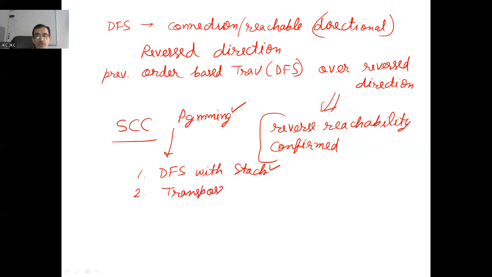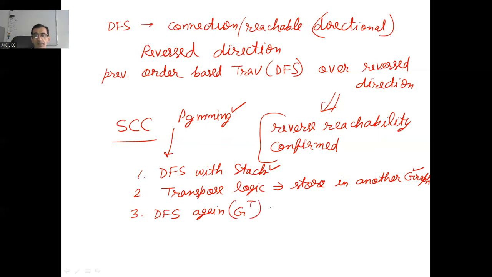So transpose you can implement, and a simple way can be to store it in another graph so that you don't face any complications in generating the transpose. Store it in another graph and then apply DFS again with the G raised to T graph as input, but the main DFS order is to be ensured.